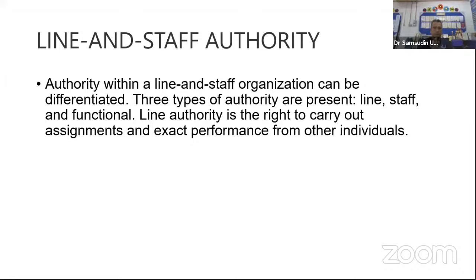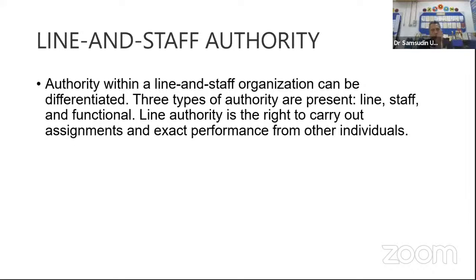So later on, if there is a performance measurement or a productivity measurement for the line authority, this performance also represents the staff authority. Understand? Because the line cannot achieve any productivity or any goal without receiving the support from the staff.